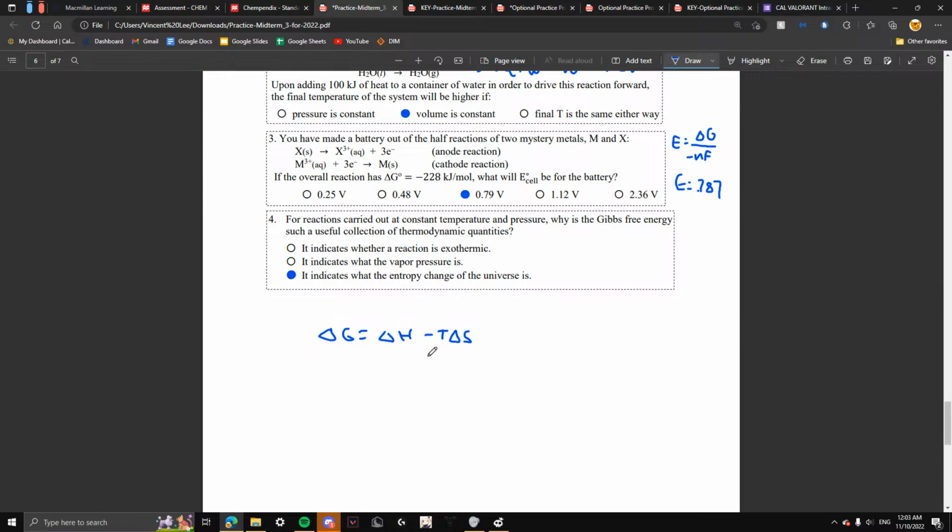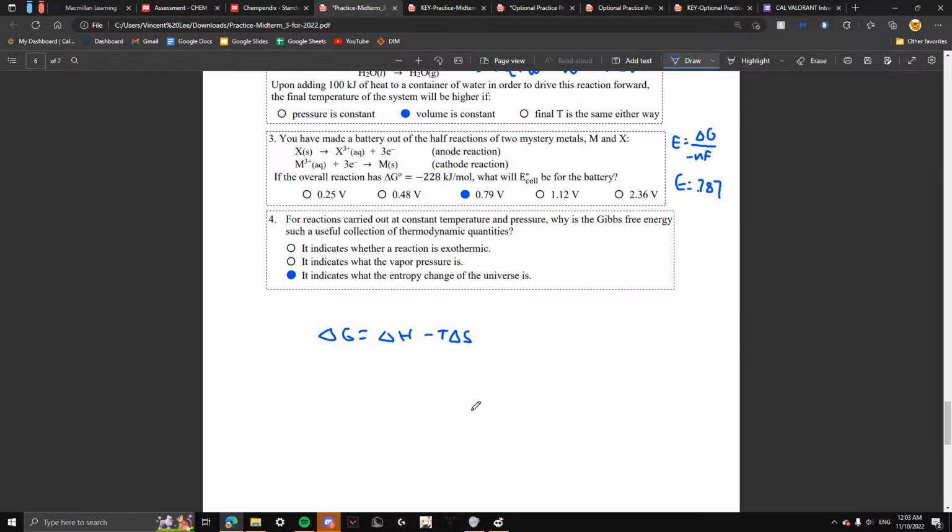For example, an exothermic reaction is, I think, when it has a negative delta H, but there is a way for delta G to be negative or positive, depending on how big delta S is. So delta G won't always tell us whether or not it's exothermic.